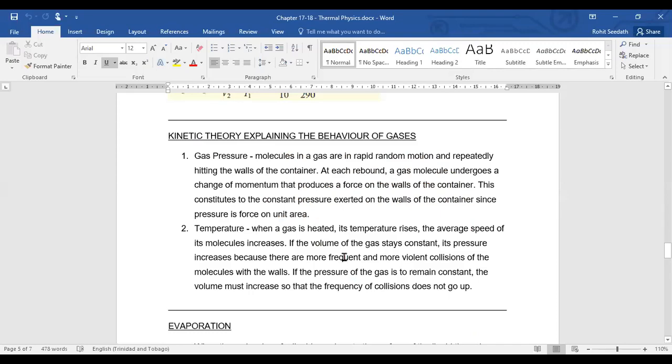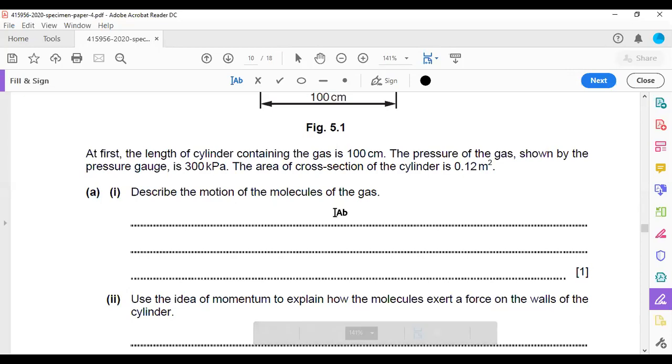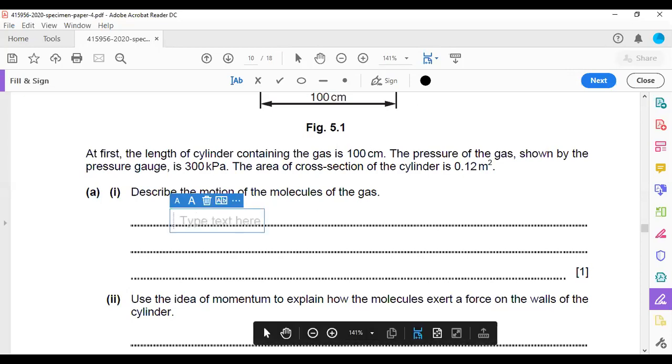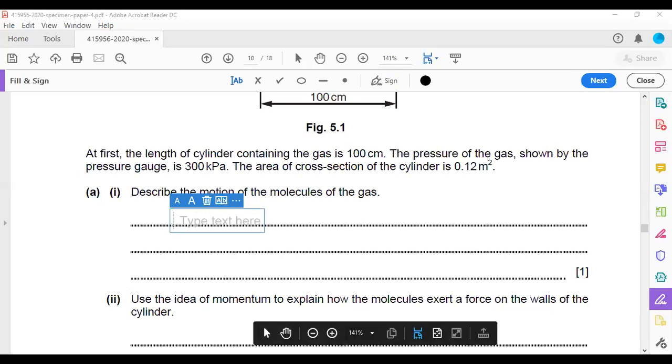So firstly, describe the motion of the molecules of the gas. Simple. We're just going to use the same explanation, because the molecules in the gas are in random motion hitting the walls of the container. That's all they want from you.